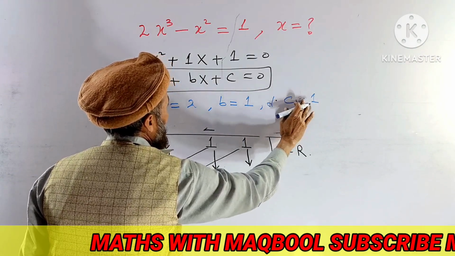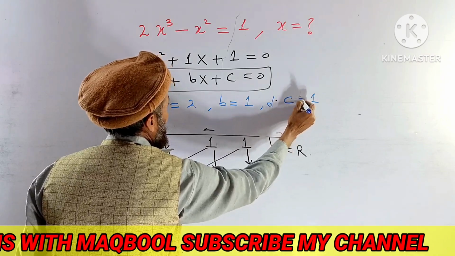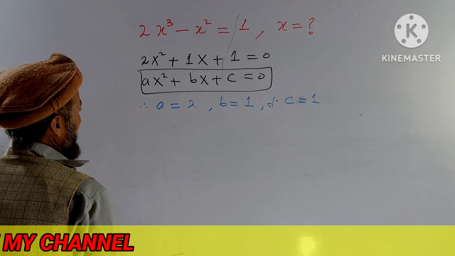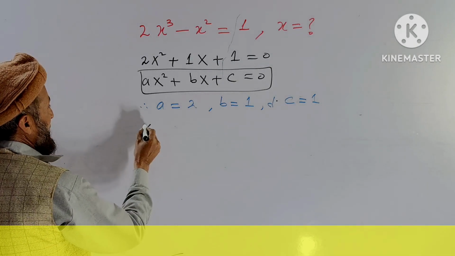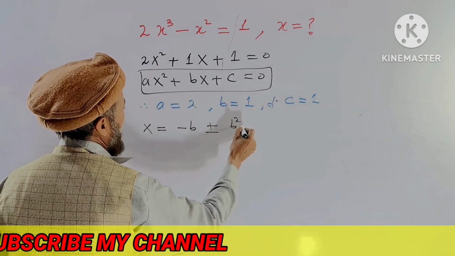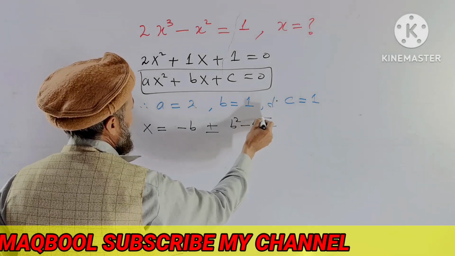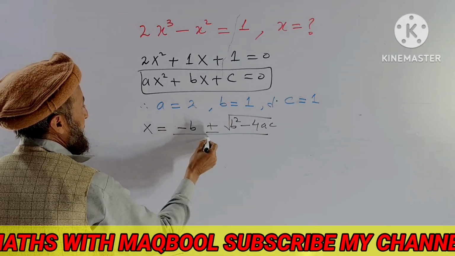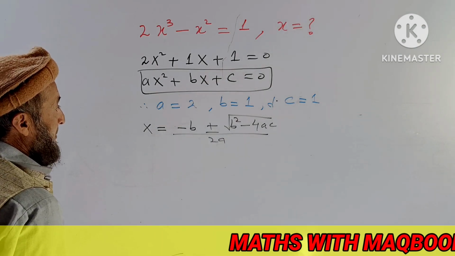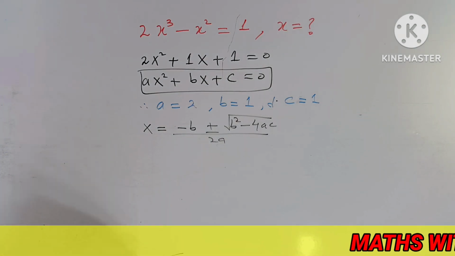Here we are using the quadratic formula: x is equal to minus b plus minus square root of b square minus 4ac, divided by 2a.